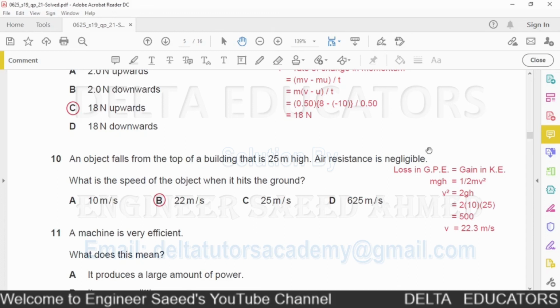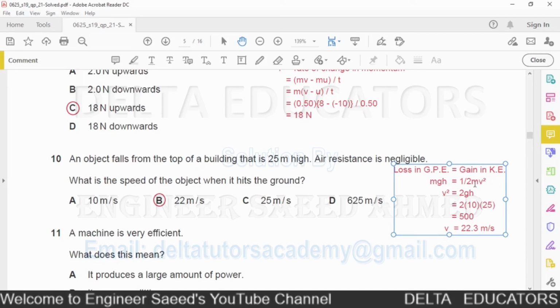Now gravitational potential energy is given as mgh and kinetic energy is given as half mv square. Here on both the sides we have m. M means mass, so this m will be cancelled out. After cancellation, we get gh is equal to half v square.